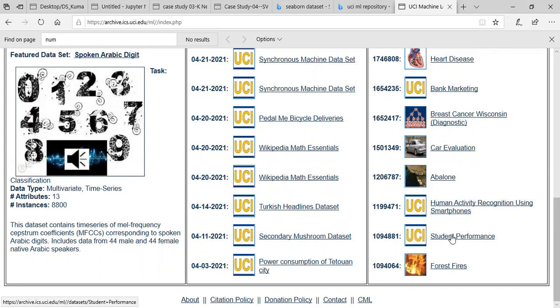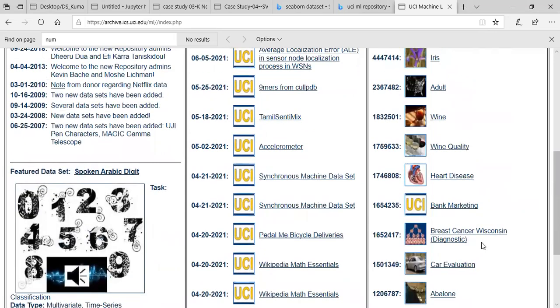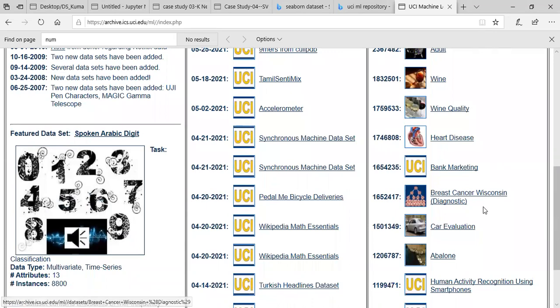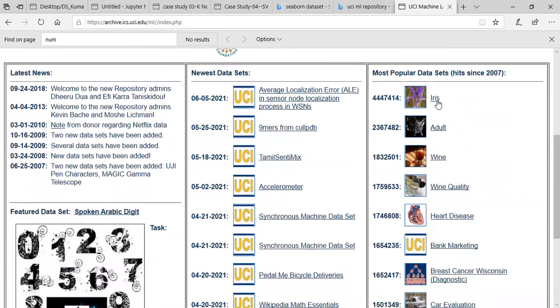Okay, so you can make use of whatever data sets. However, now we are using this cancer data set, and Iris also. Basically, Iris is a flower data set, which gives the length and width of the flowers, and based on those parameters we have to work.